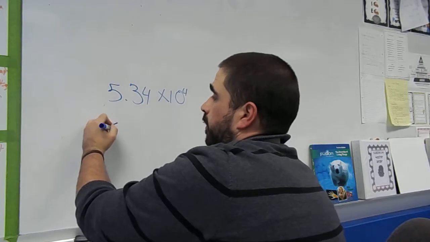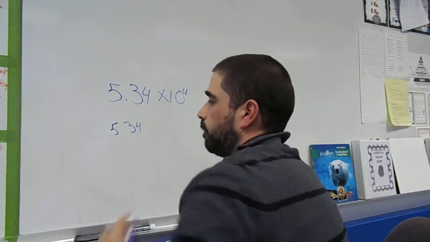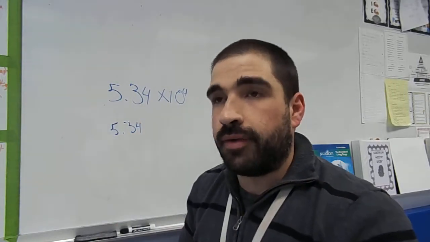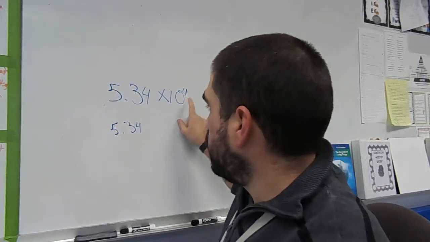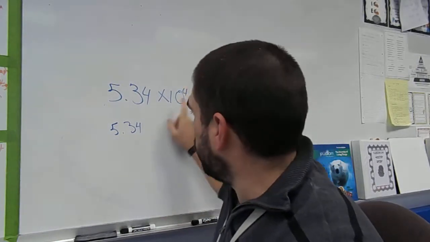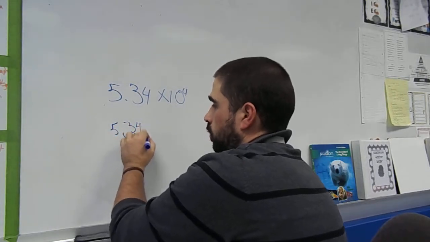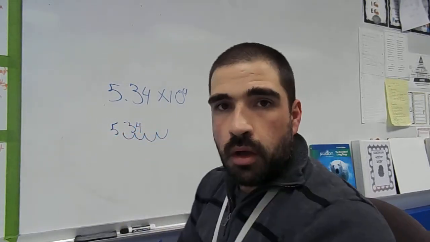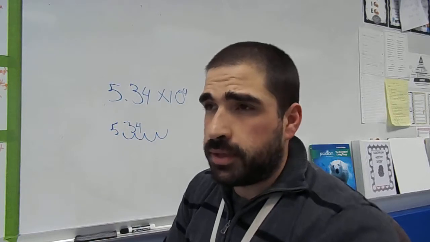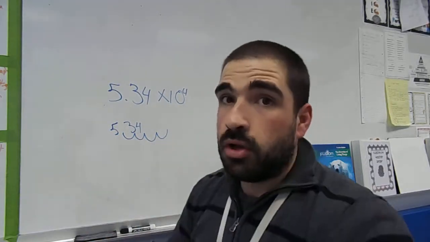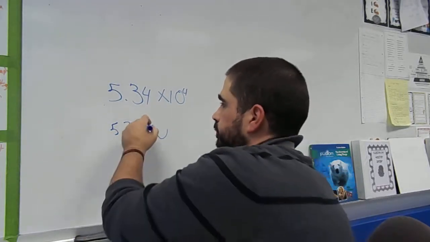So I have 5.34. And if I have a positive power, which is what I have, I'm going to move that decimal place over 4 times. So 1, 2, 3, 4. And whenever you move decimal places and it's beyond your numbers, you're adding zeros.